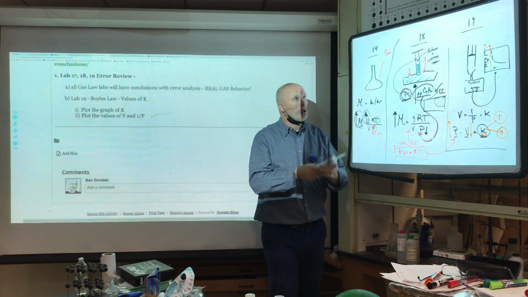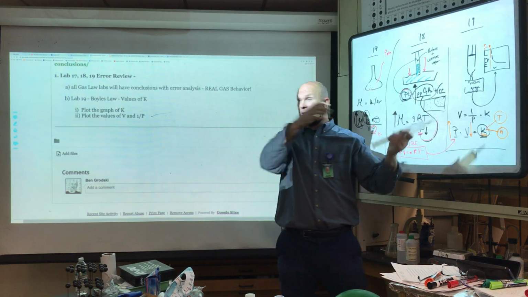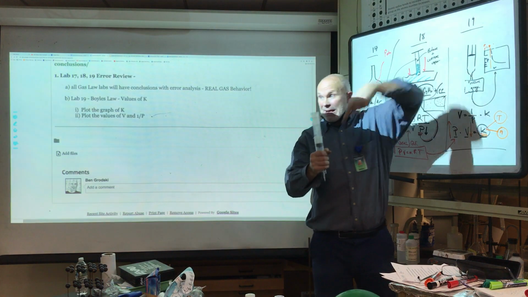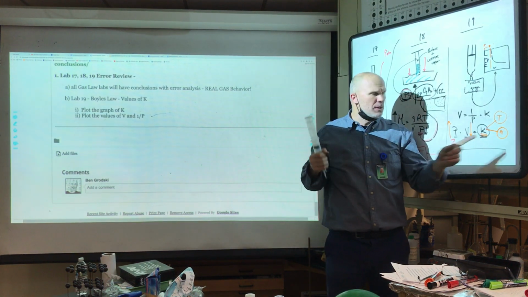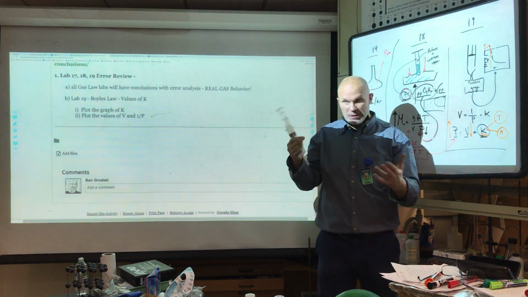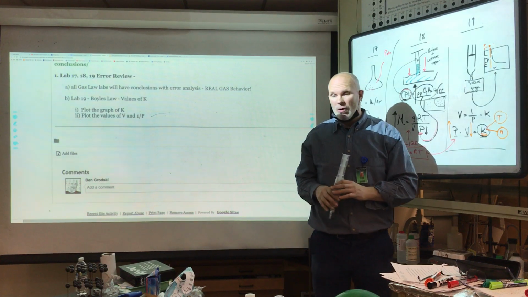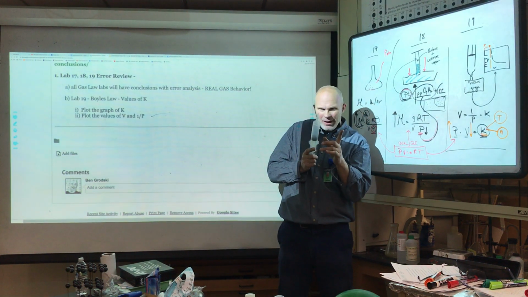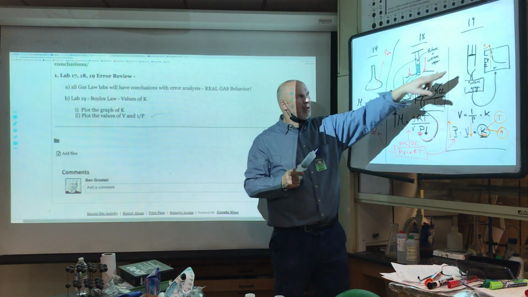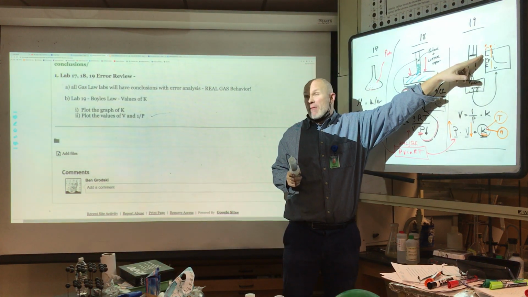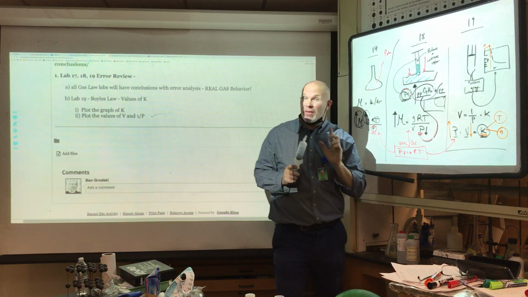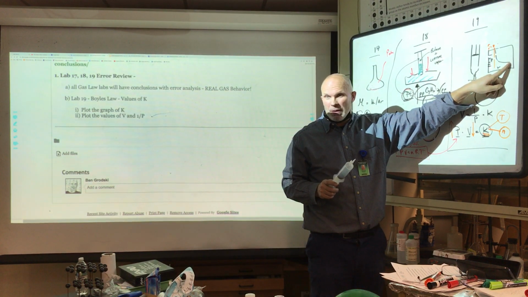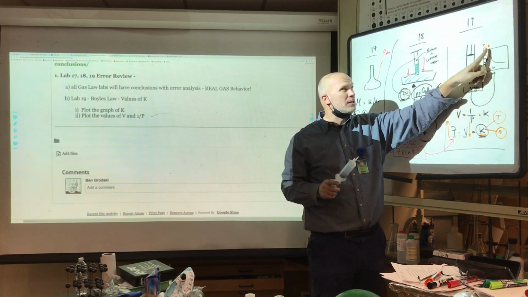So pulling the syringe out, making the space bigger and the pressure dropping, moles could leak in. It's not a perfectly closed system. Temperature is going to decrease, so that should change K. We're getting more ideal, so we're eliminating some of that real behavior from pushing together. So I would think the K is still going to increase at this end, or change, but not as much as at this top end.